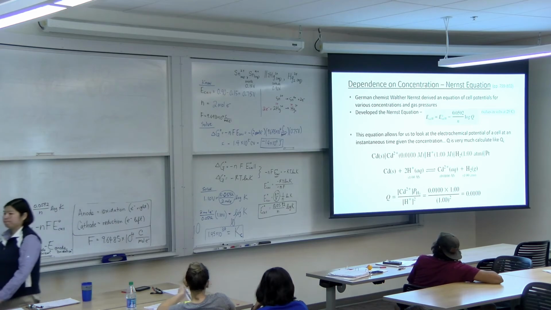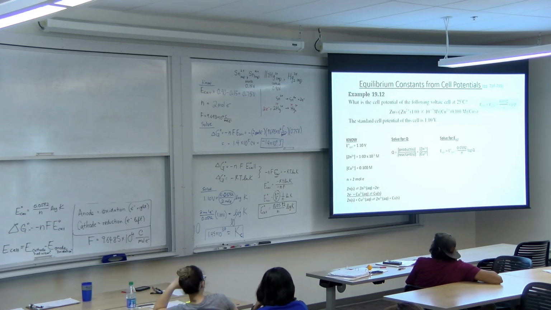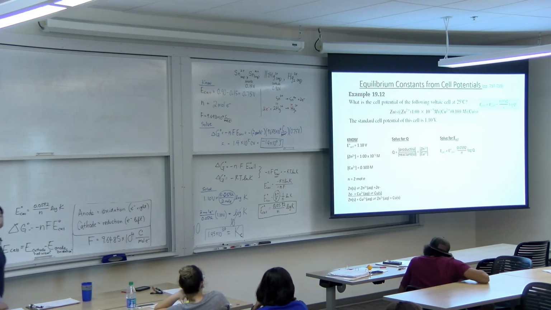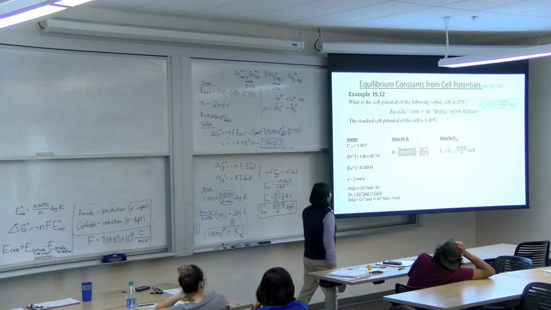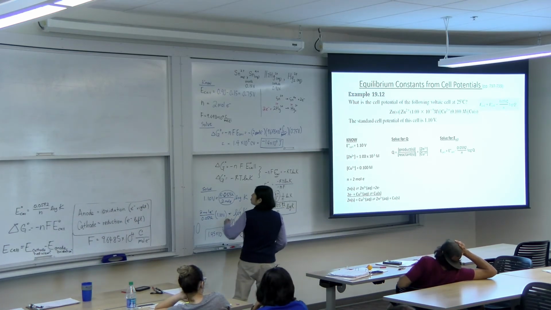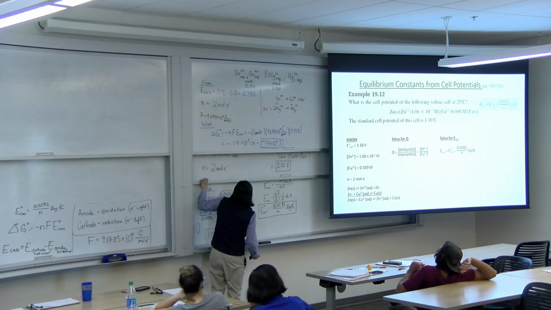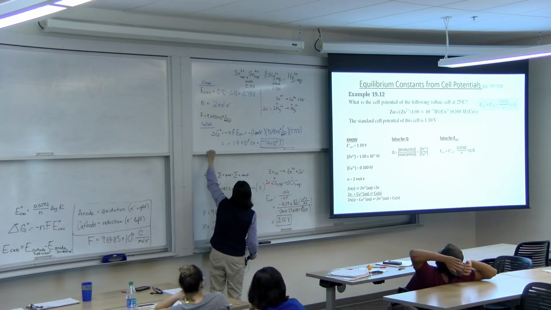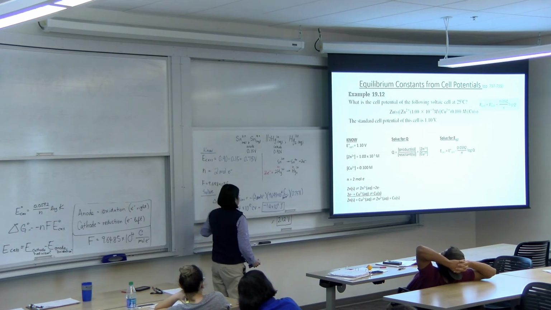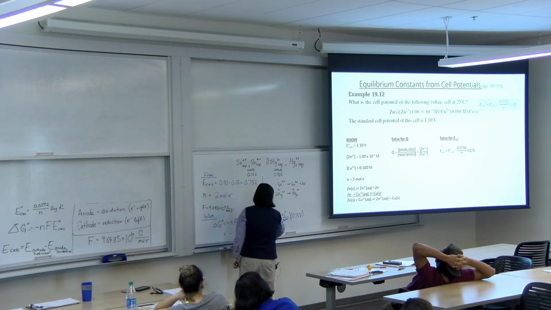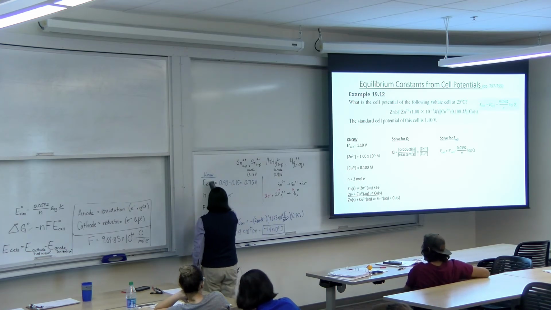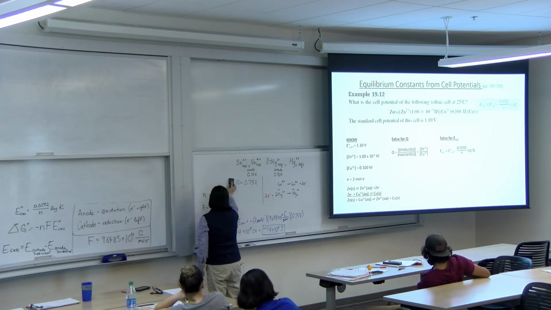All right, so we're looking at it. Okay, new problem. So you've got your E cell. Your E cell is 1.10 volts.